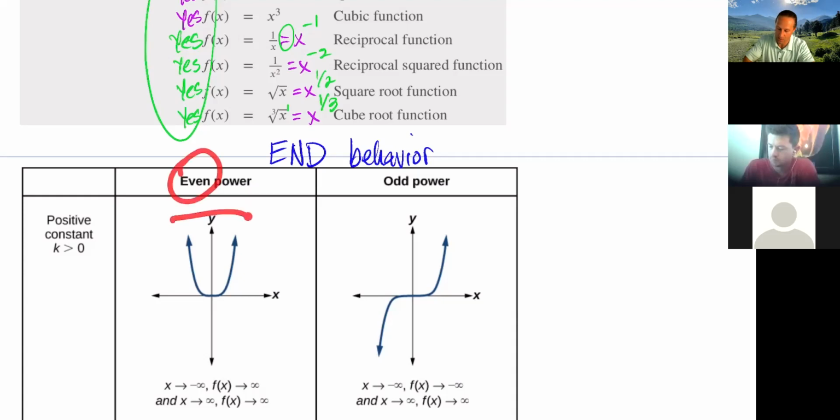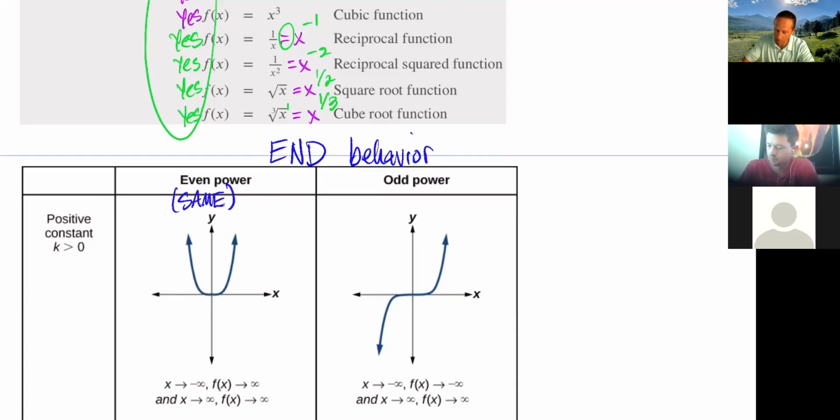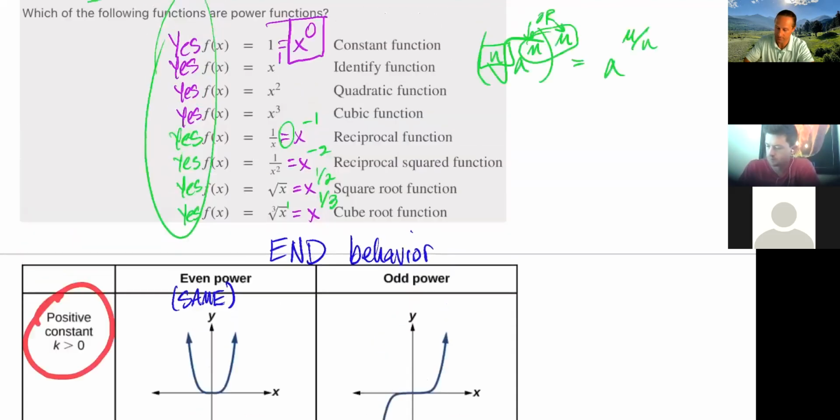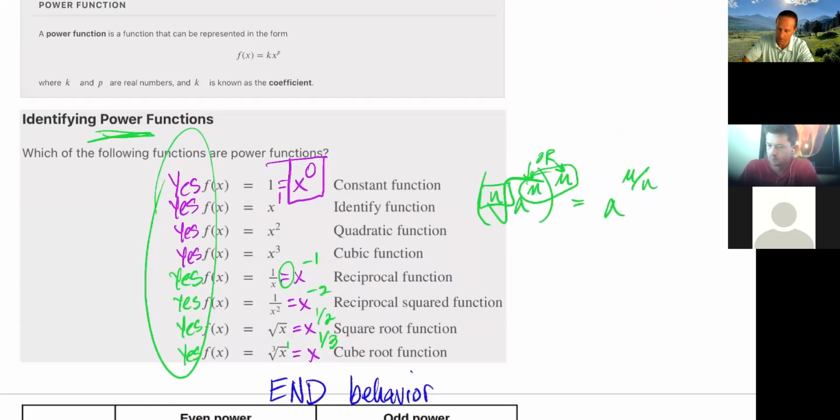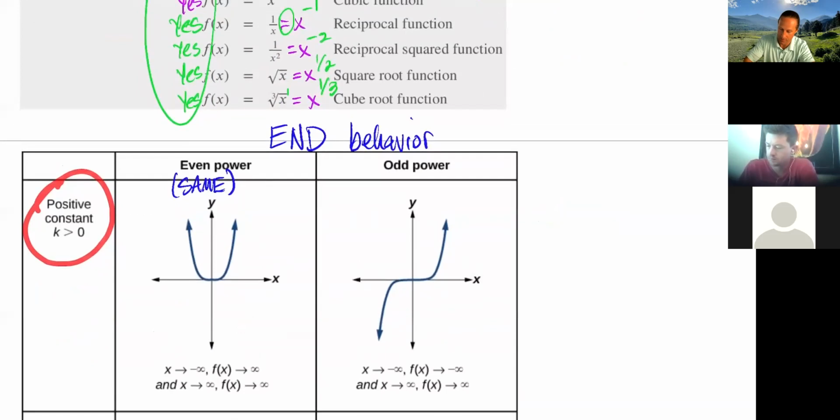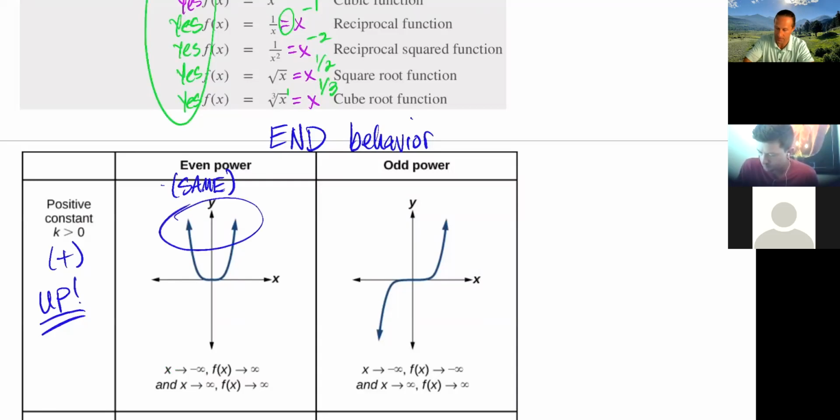So if it's even, notice they're facing the same direction. Now up, depending on if that k, that coefficient in front of our definition here, is positive. If it's positive, they're facing up. Now, that means if they're the same, then they're both facing up, right?